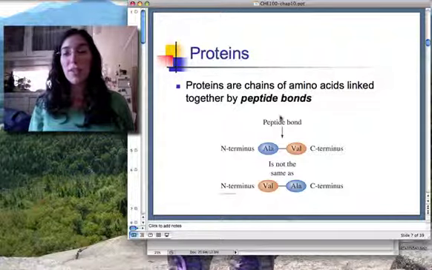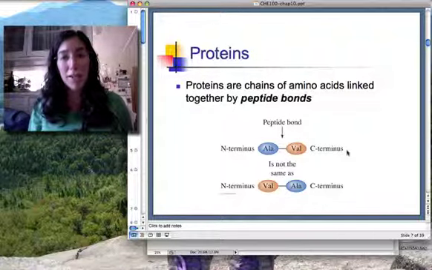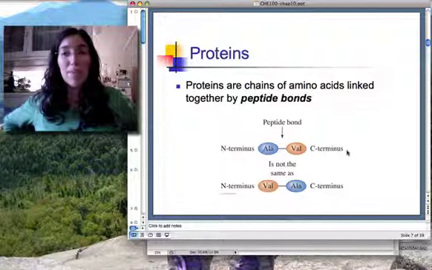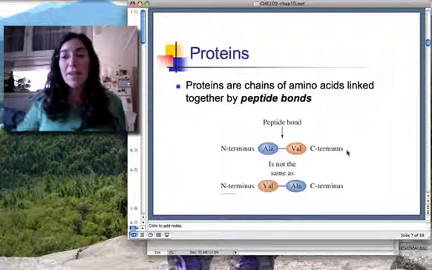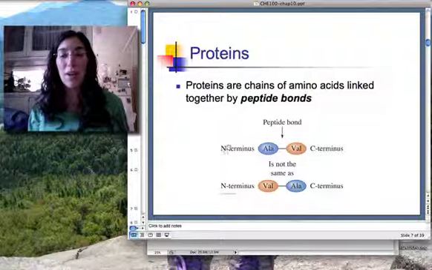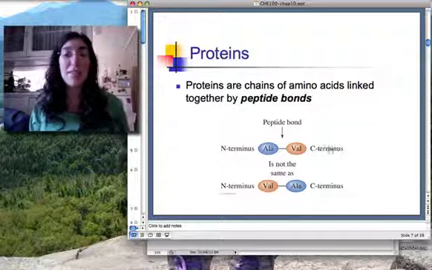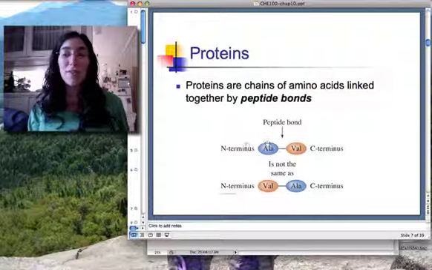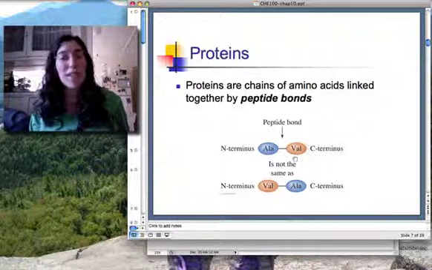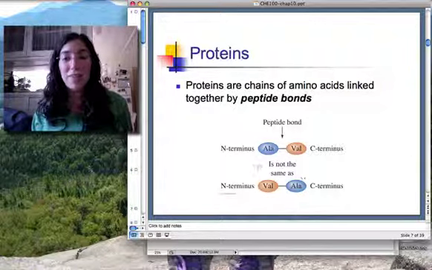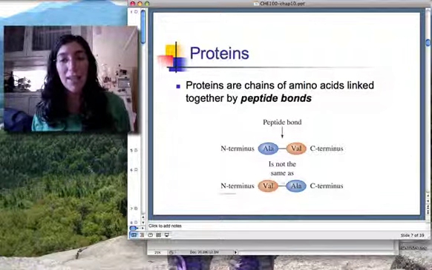And just conventionally, when we're talking about the sequence of amino acids, you write them in this sort of format, N terminus to C terminus. So it matters which way they're connected. If you have alanine, valine, dot, dot, dot, that's different than having valine and alanine.